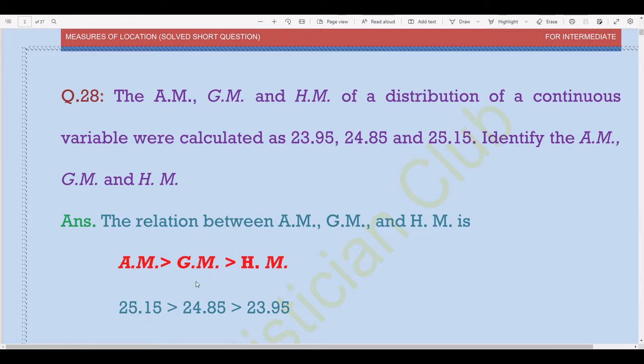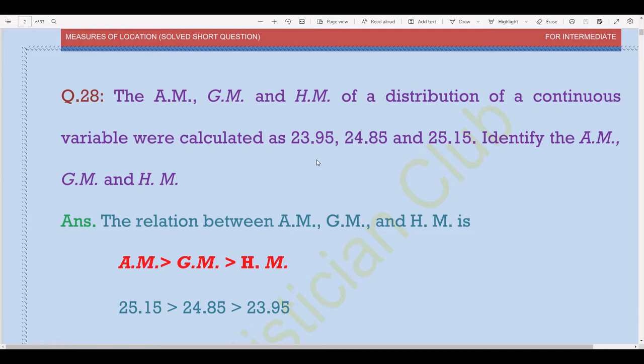The value of geometric mean is greater than harmonic mean. So we keep these two values and we search which value is greater. 24.85 is greater than 23.95. So according to this relationship, this is the geometric mean, 24.85, and 23.95 is the smallest value among these two values, and this relationship shows harmonic mean is least as compared to arithmetic mean and geometric mean for the same data set.